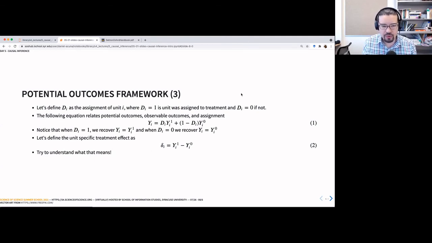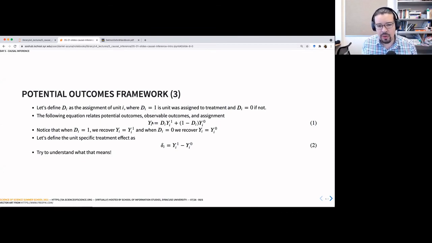So to think about the potential outcome and the actual outcome, we will define another variable called D, which is an assignment variable. D_i will be 1 if the unit was assigned to treatment. So if the doctor decides, yes, you will get surgery for patient i, then D_i will be 1.